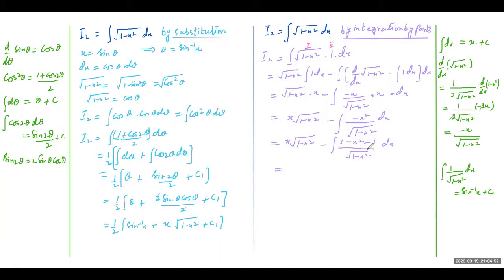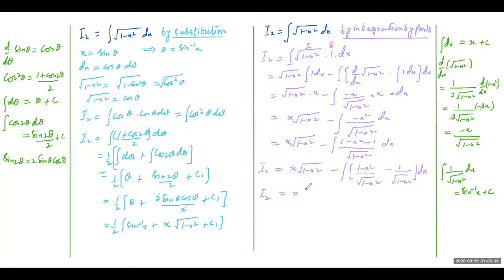Now split this fraction and you will get x into square root of 1 minus x square minus integral. Inside the bracket you will have 1 minus x square divided by square root of 1 minus x square minus 1 by square root of 1 minus x square, and we have a dx here. And all these are equal. This is equal to I2.